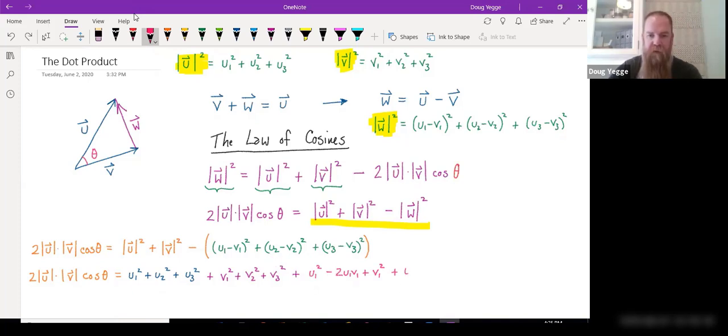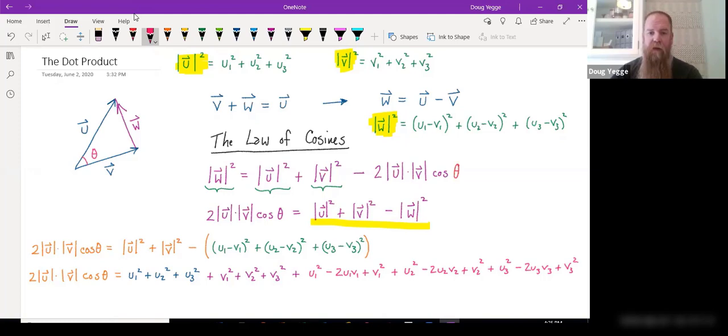Multiply it by itself to give u2 squared minus 2u2 v2 plus v2 squared. And now we're going to expand u3 minus v3 squared, which gives us plus u3 squared minus 2u3 v3 plus v3 squared.